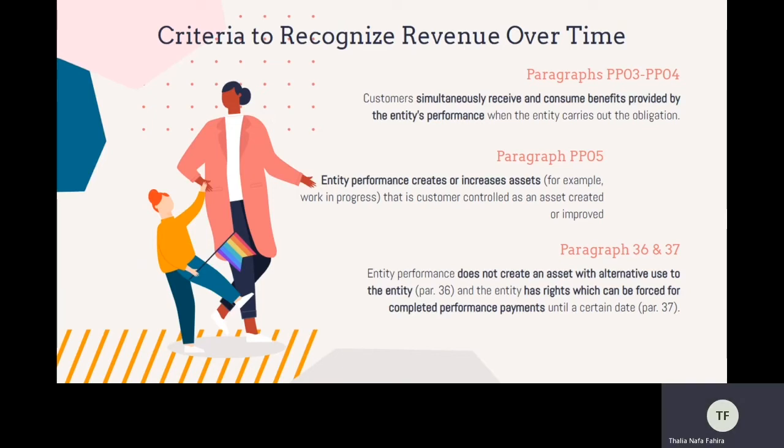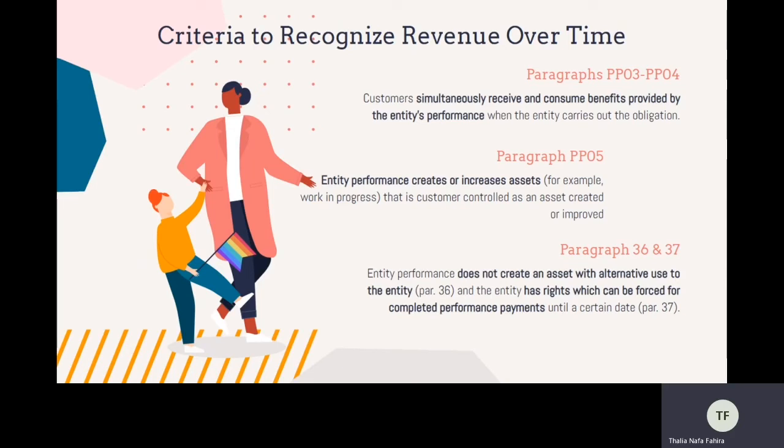Okay. The second one is to check whether the entity's performance creates or enhances an asset, for example work in progress, that is controlled by the customer as the asset is created or improved. That's based on paragraph 35(b).